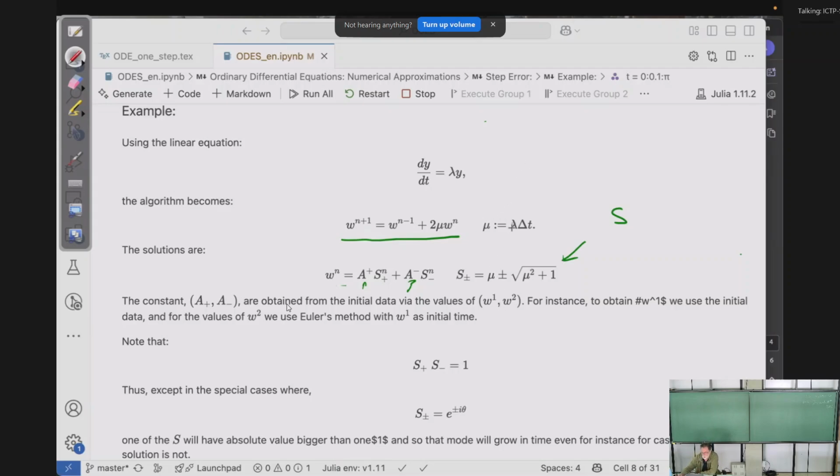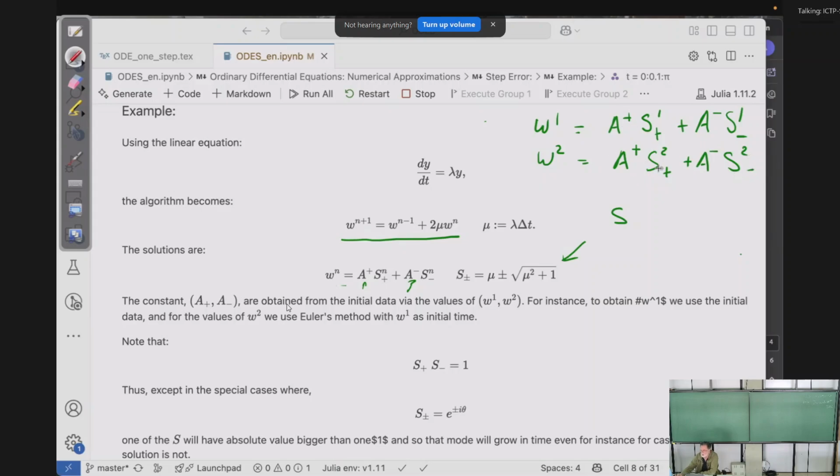So one way of obtaining these values is using this for omega 1 and for omega 2. This will be a plus s plus to the 1 plus a minus s minus to the 1, and this one is a plus s plus squared plus a minus s minus squared.